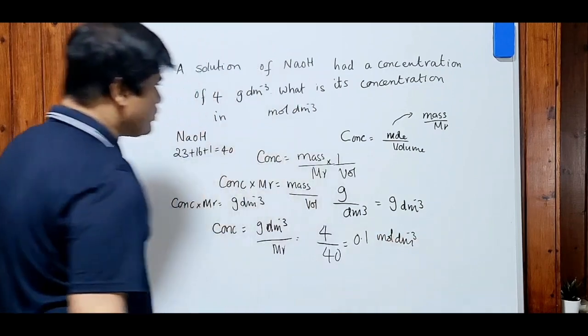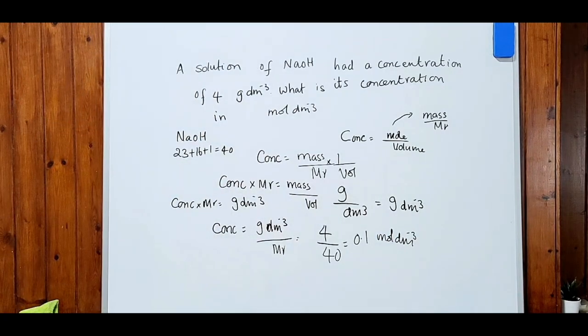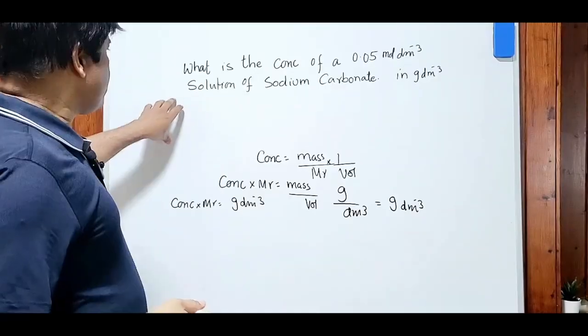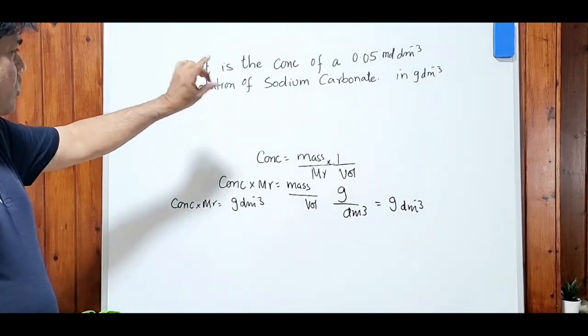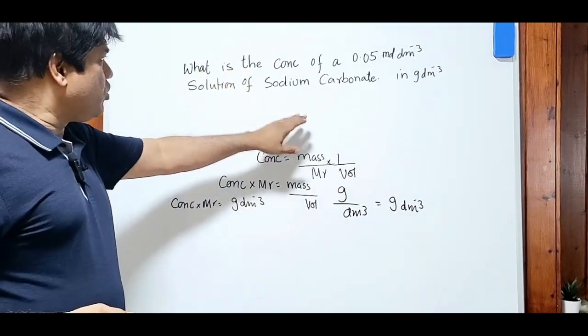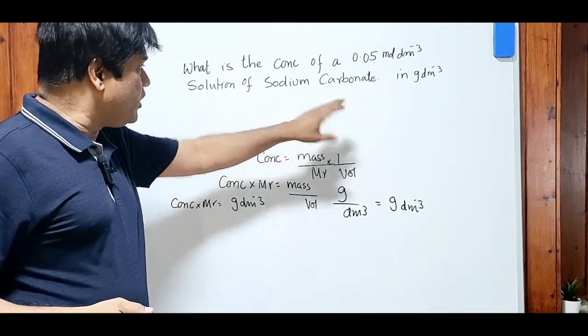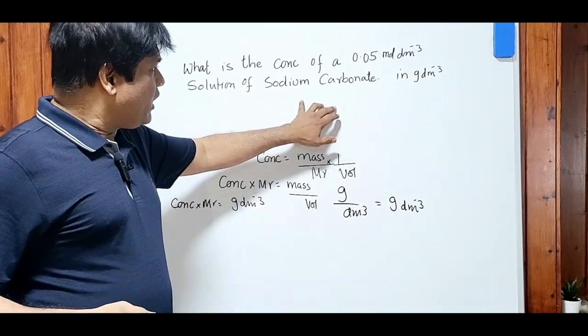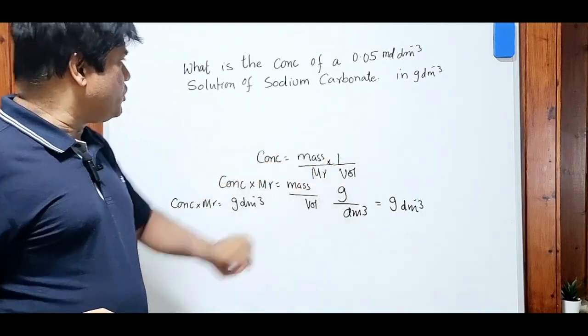We will do one more question. Is that okay? Is that clear? Look at this question. What is the concentration of a 0.05 mole dm minus 3 solution of sodium carbonate in gram per dm cube?